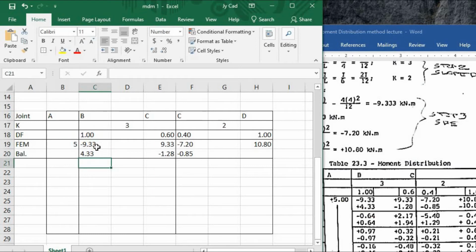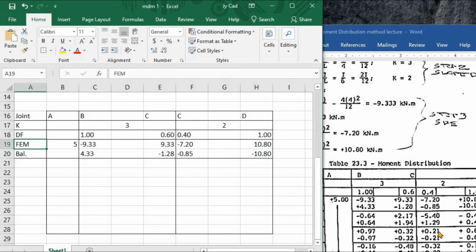Ito. Okay? Tapos, F2 ulit yan, pwede kong F4 yan. Next, here, pwedeng equal sign and then multiply ko lang yan ng negative. Or, equal sign, negative, and then click ko yan. Okay?